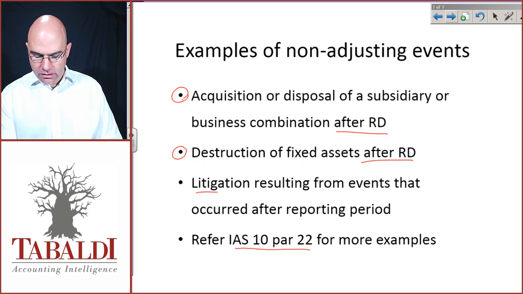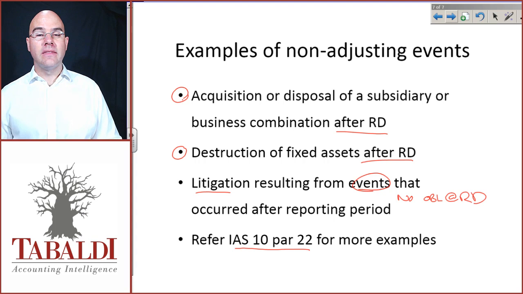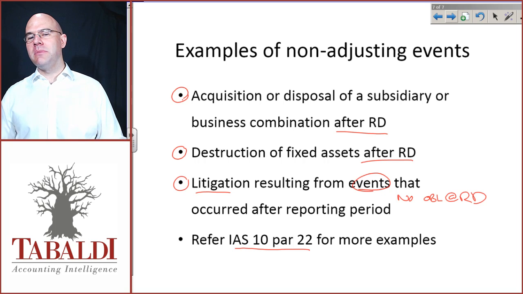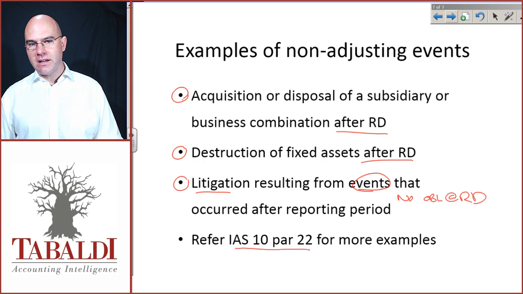There may be litigation resulting from events that occurred after the reporting period. Therefore, there was no obligation at our reporting date. Therefore, it is also non-adjusting. This list is by no means exhaustive, but it starts giving you some guidance as to what will be adjusting versus non-adjusting.